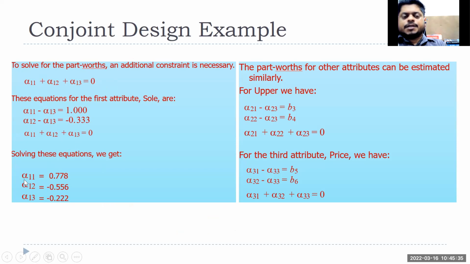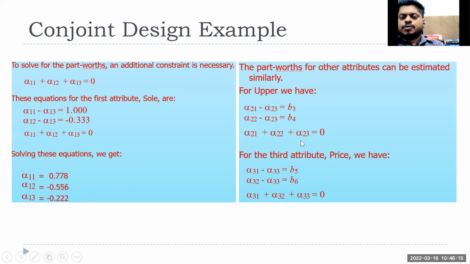For the sole, there are three labels: the weight of label 1 is 0.778, label 2 is minus 0.556, and label 3 is minus 0.222. Those are plastic, polyurethane and rubber. If you're showing the customer a plastic sole, there is a good chance that the customer will choose that product in comparison, obviously relative, to polyurethane or rubber.